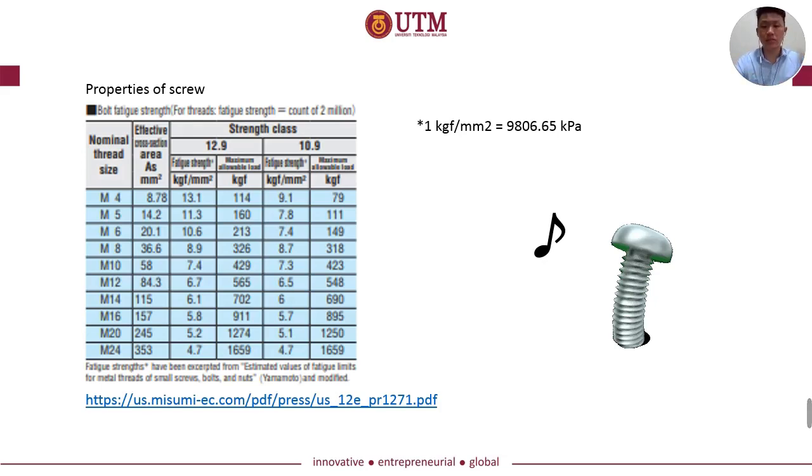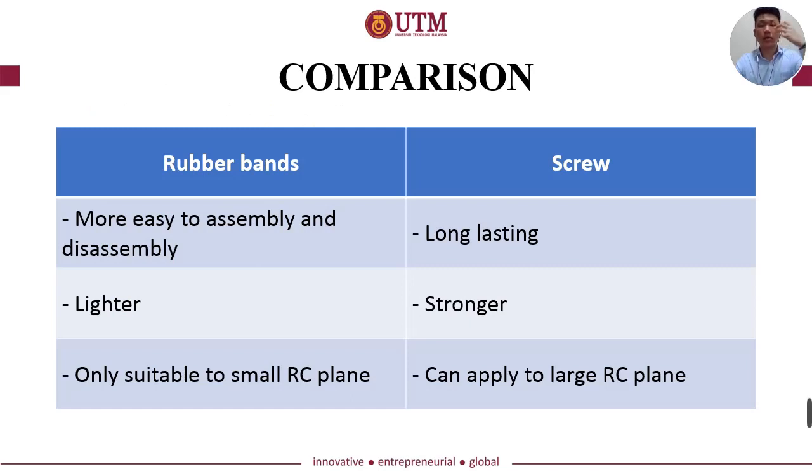Okay, next let me talk about the comparison between rubber band and screw. The rubber band is easier to assemble and disassemble when we want to take off the wing or assemble it back.